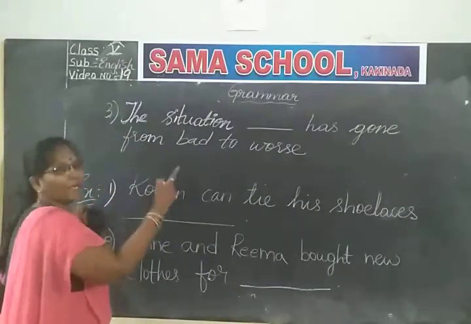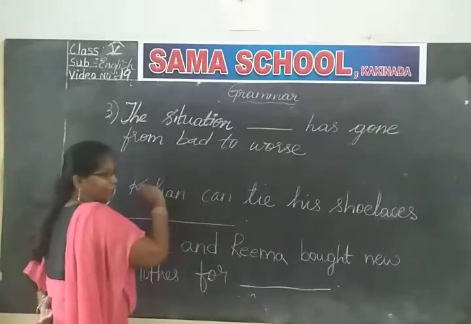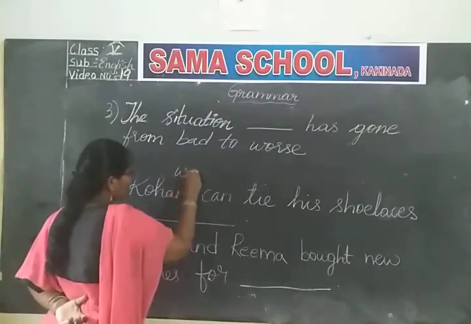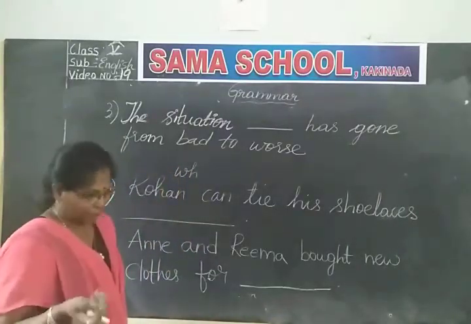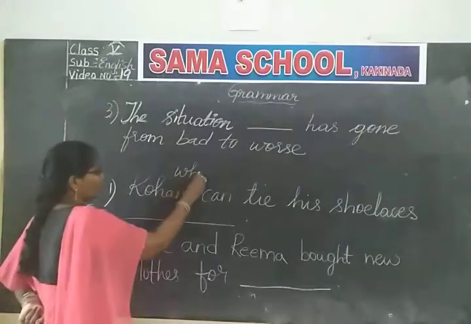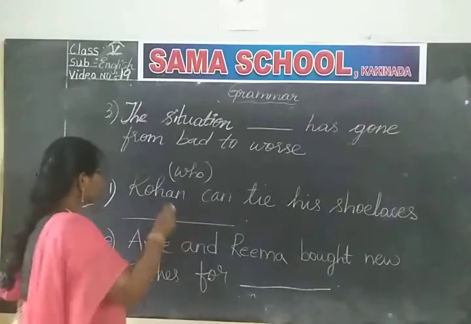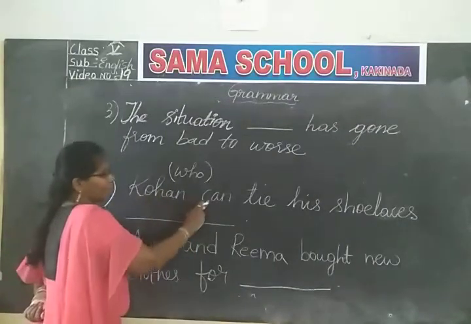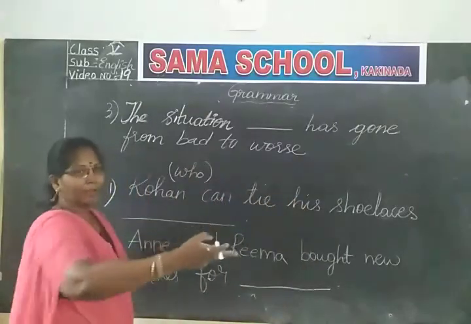Here, who can tie the shoelaces? What is the question you have to pose? To identify the subject, you have to pose a question, always using the word who. This is the statement being given.